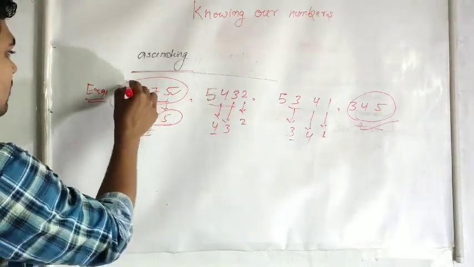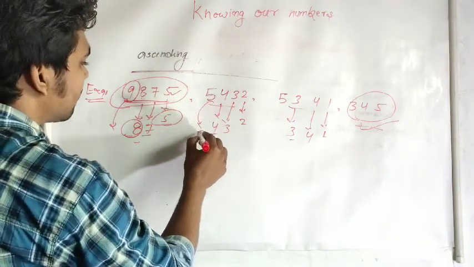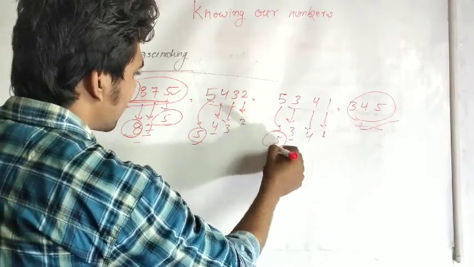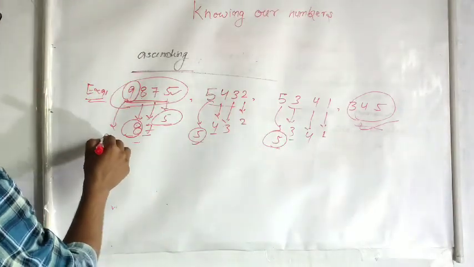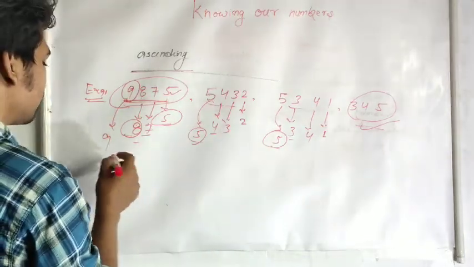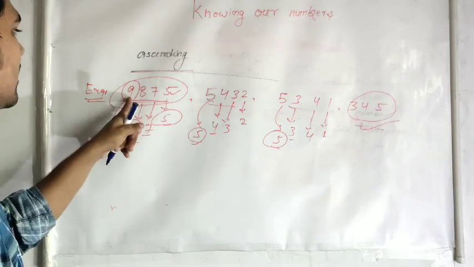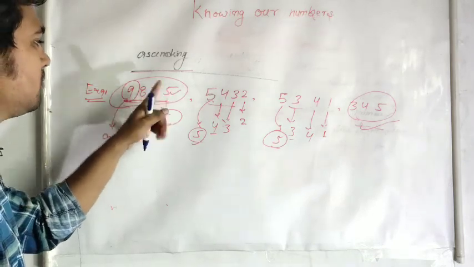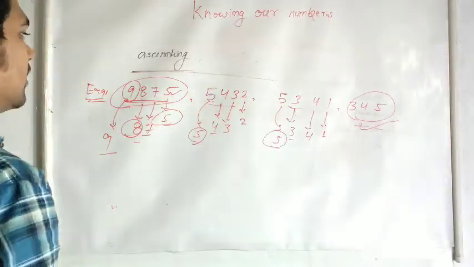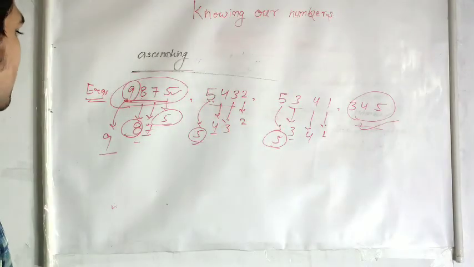At the 1000 place we find 9 here, 5 here, and 5 here. We see that 9 is greater than these two digits, 5 and 5. So we say that the first number, 9875, is greater than these two numbers, and it is obviously greater than the 3 digit number 345.